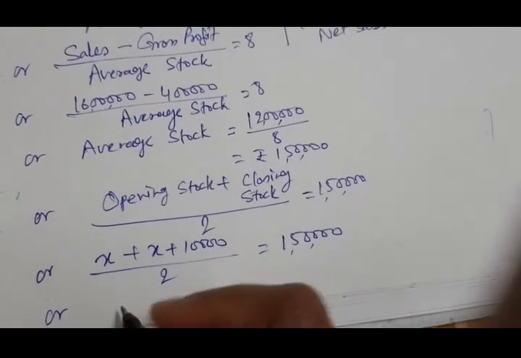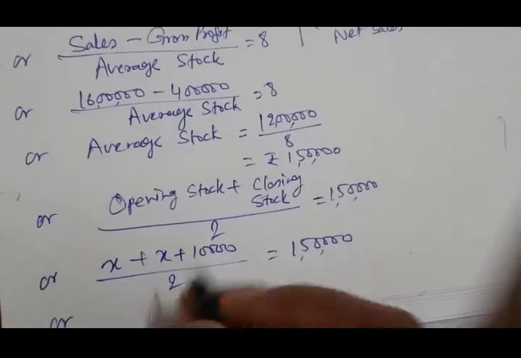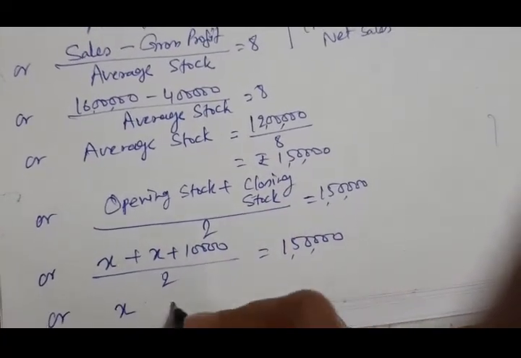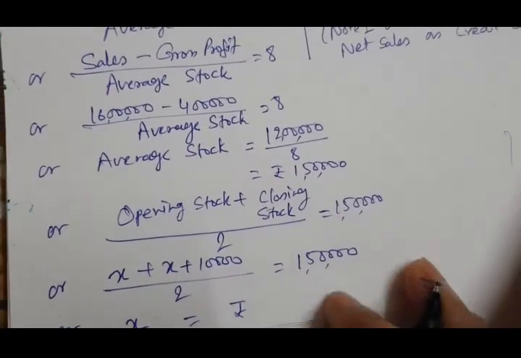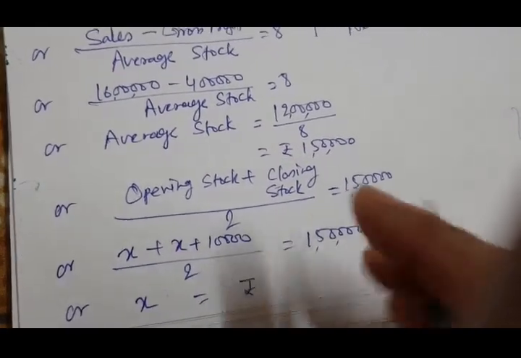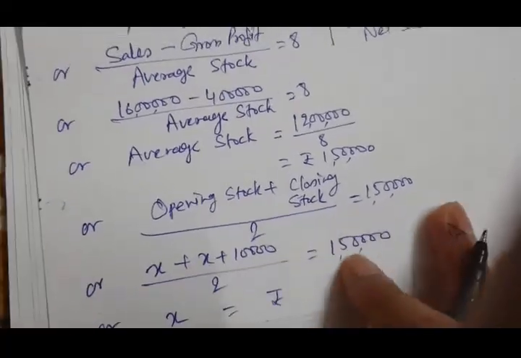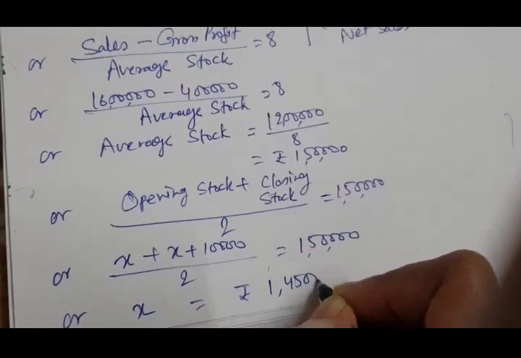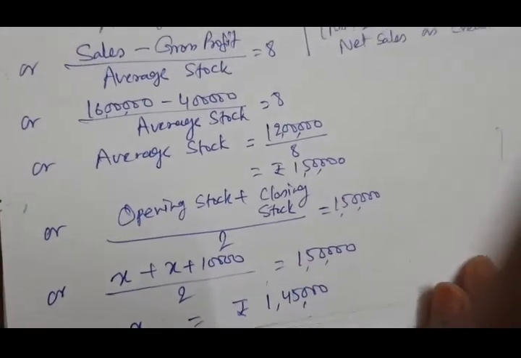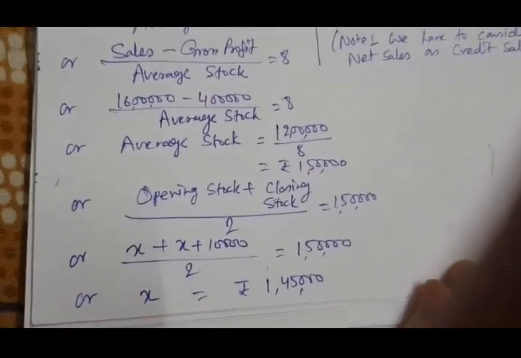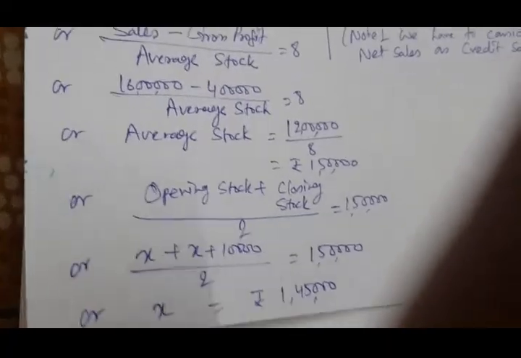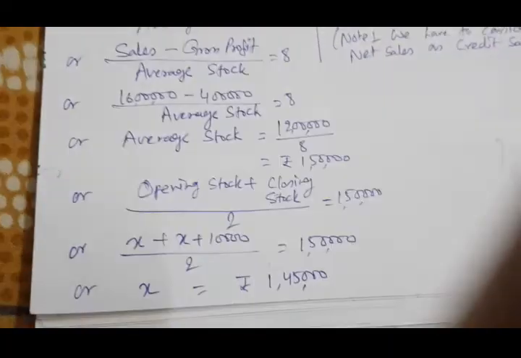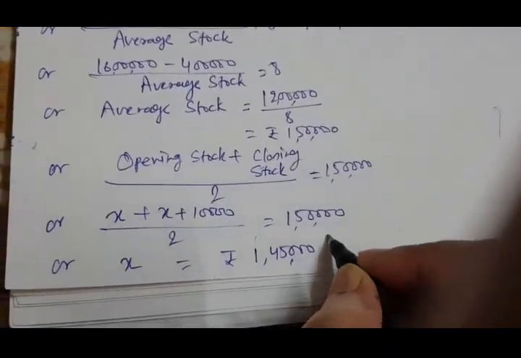The value of X, calculate it, will come to 1,45,000. So X value is 1,45,000. X is nothing but your opening stock.